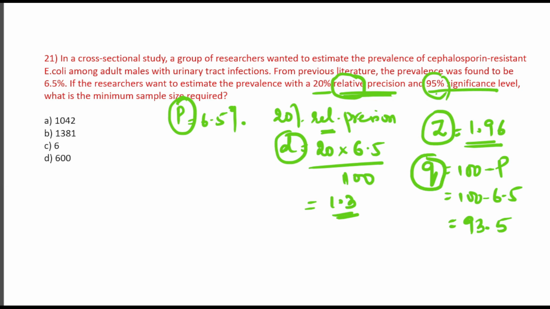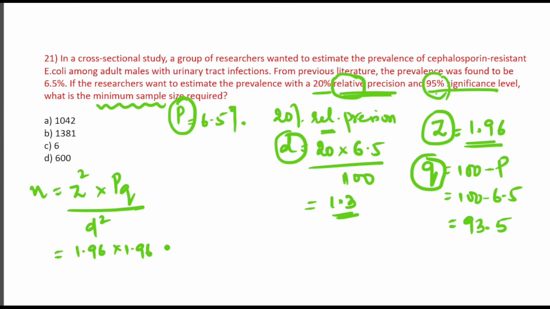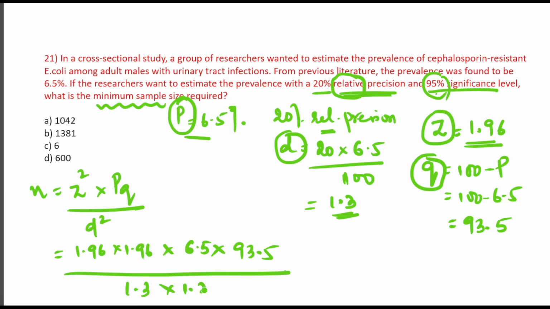Now we also have the Q value. So what is our formula? What is the minimum sample size required? N is equal to Z square into PQ by D square. Now substitute all the values. Z square is 1.96 into 1.96, into P, which is 6.5, into Q, which is 93.5, by D square, 1.3 into 1.3.